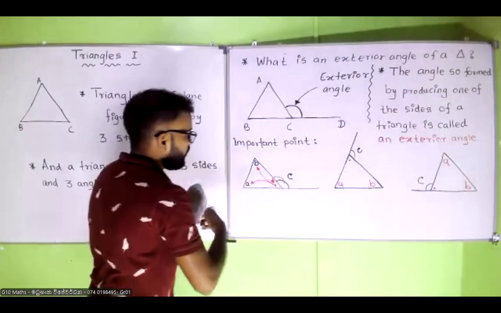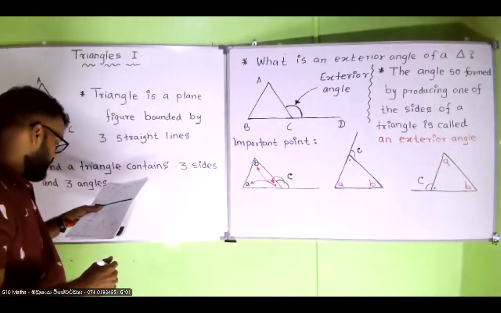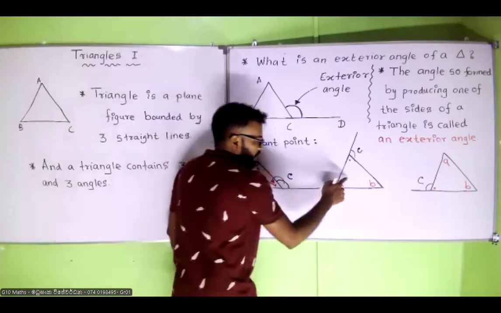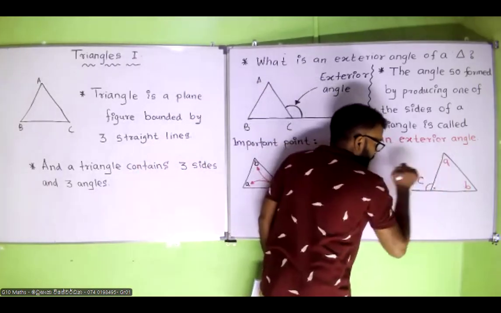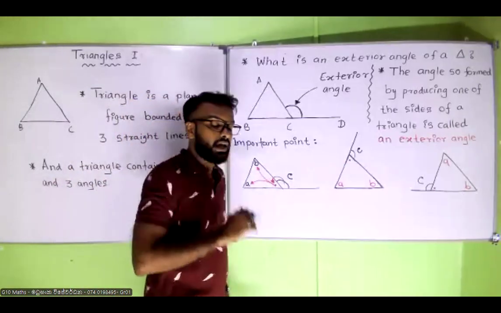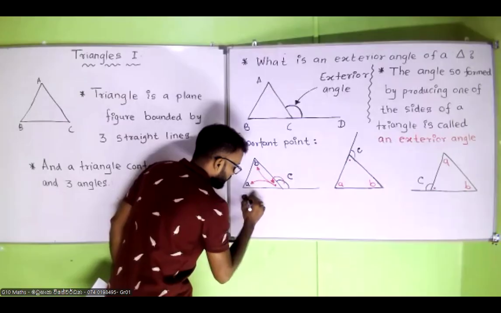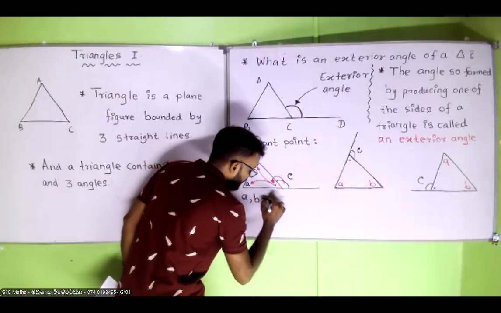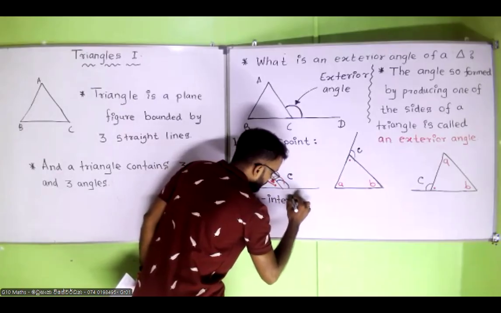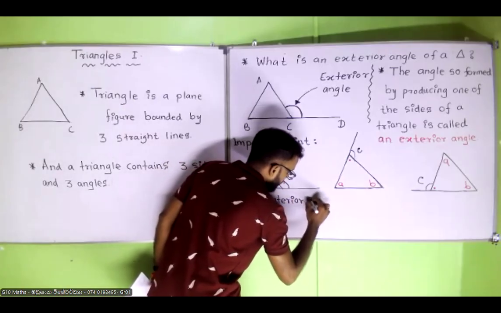Now let us write: A and B, we call them our interior angles. Write down A comma B, interior angles.